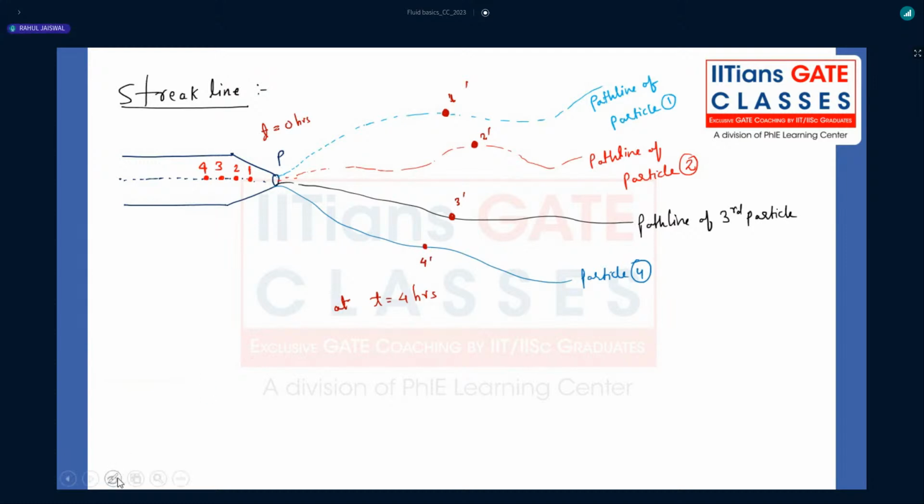So what the streak line will say is, you just draw the locus of all the fluid particles at a particular instant from the starting point. Whatever the positions are, let me draw that.